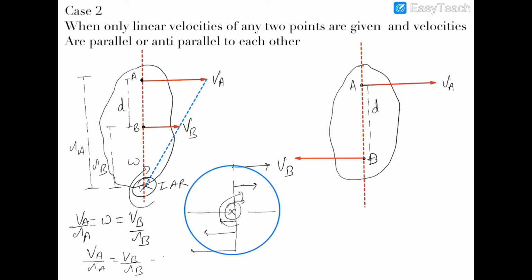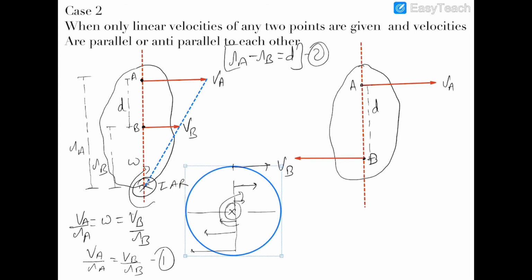And we can see that RA minus RB is equal to D. So this is equation 2. By solving these equations, you can find out the IAR, you can find out the RA and RB.